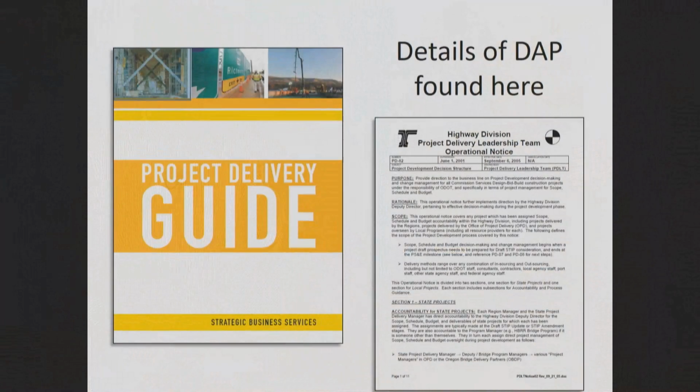If you're looking for information on DAP, there are a couple of really great sources. One is the Operational Notice PDO2, and in there it covers more than just DAP, but it talks about DAP as it is today. It covers some of the elements that you would typically find in a DAP document and the things that have to be completed in order to say you're at DAP.